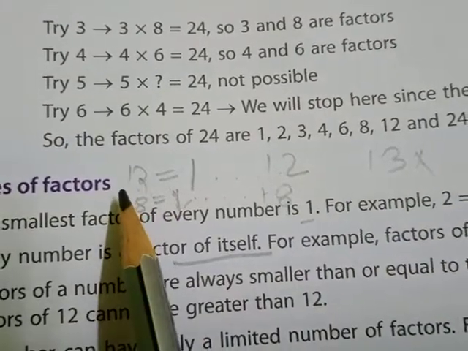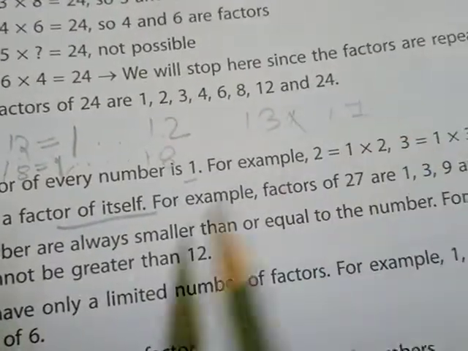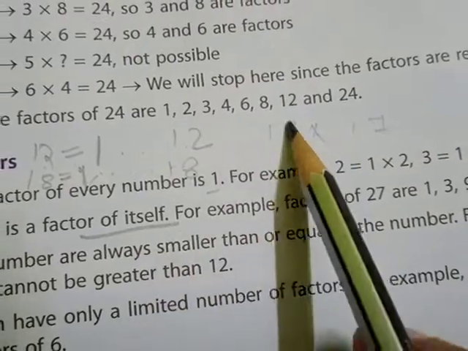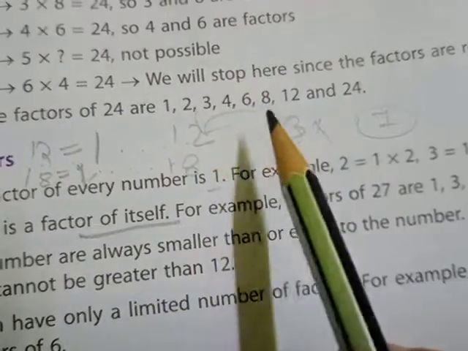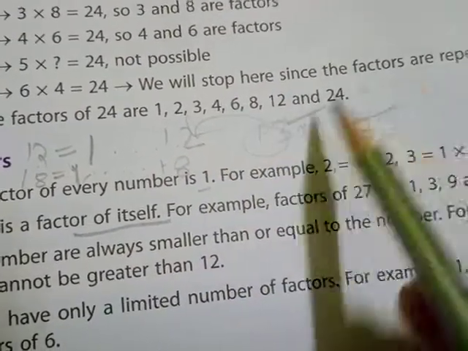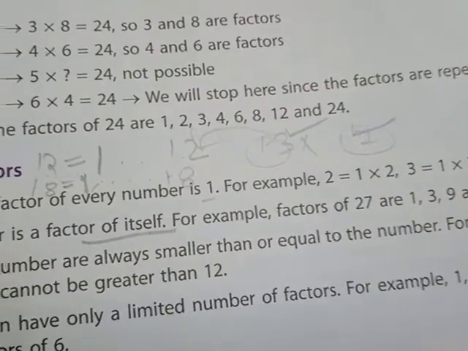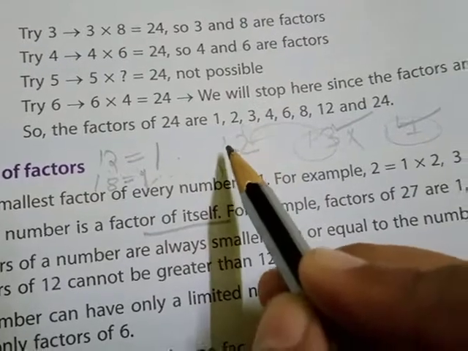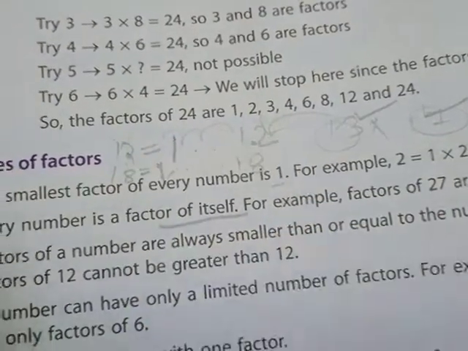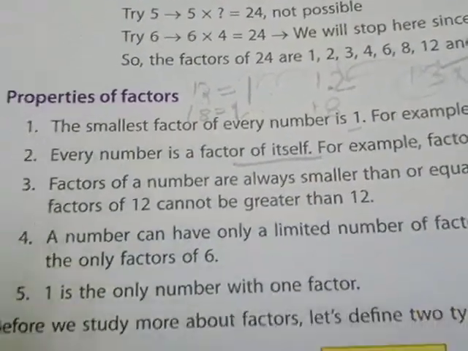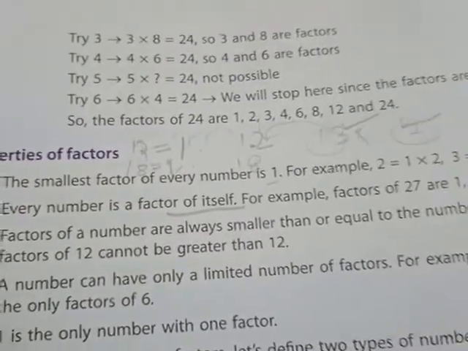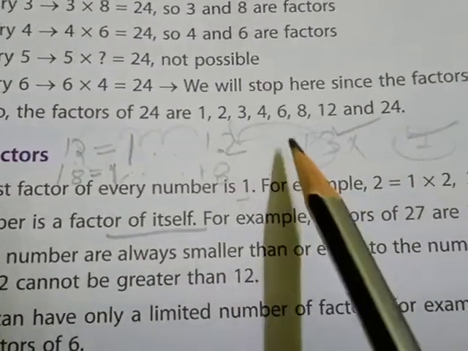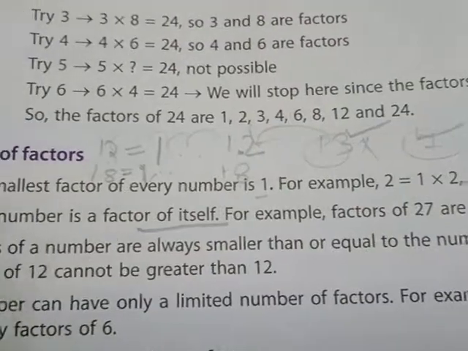To write the factors of 12, 17 cannot be its factor. Why can these two numbers not be factors of 12? Because they are greater than 12. Right? So the factors will be all those numbers which are smaller than that number. Keep in mind, no greater number will be its factor.